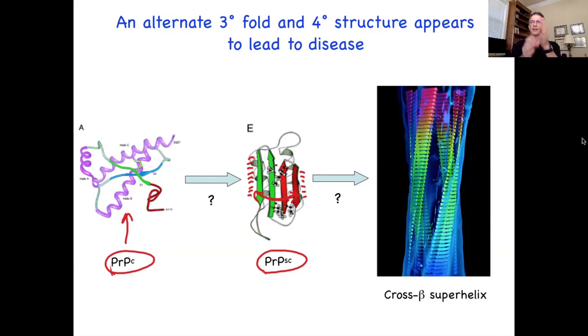As you stack those guys up next to each other, they form something known as a cross-beta superhelix, or amyloid. And it's the conversion of this material into this material and the recruitment of more of this into this that makes these amyloid fibrils, and that leads to diseases like prion diseases, Alzheimer's disease, Huntington's disease, and other classes of amyloid-based protein misfolding diseases. Okay, we'll stop there.